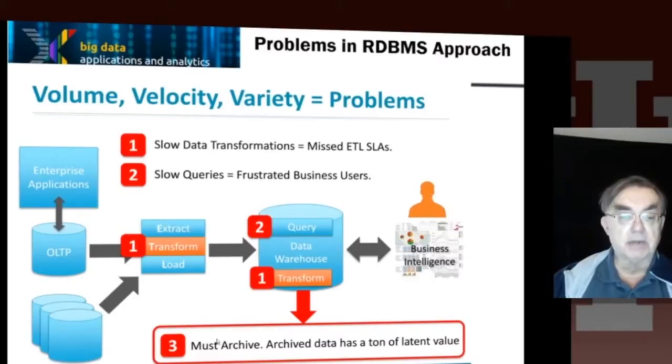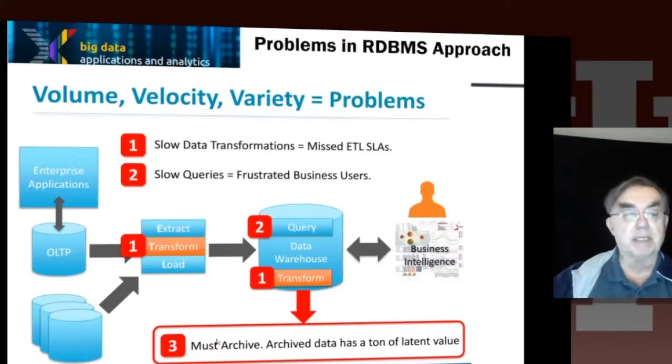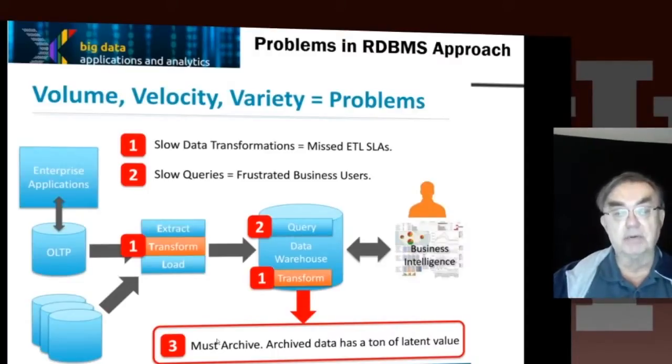And then it either goes to OLTP or to the data warehouse. The OLTP database adds its data to that from other data stores, and then you get the data warehouse where you do the transformation, which may not be so efficient, and you do the query.